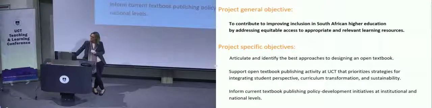And then we're going to be supporting open textbook publishing activity here at UCT, specifically with strategies around integrating student perspective, curriculum transformation, and sustainability. And then those 2 objectives kind of feed into what we'd like to see around policy development initiatives, more broadly both at UCT but also nationally around open textbooks.